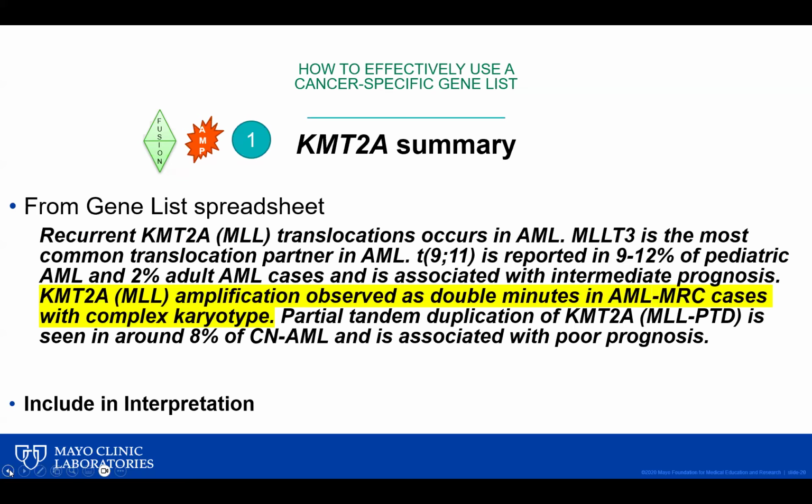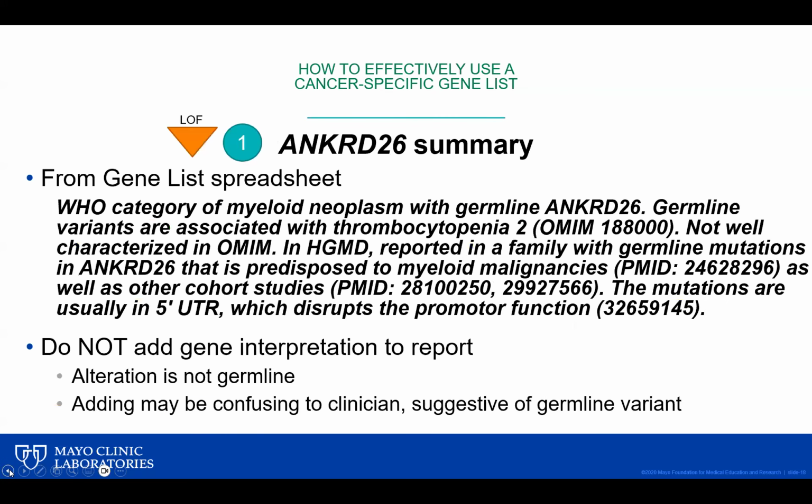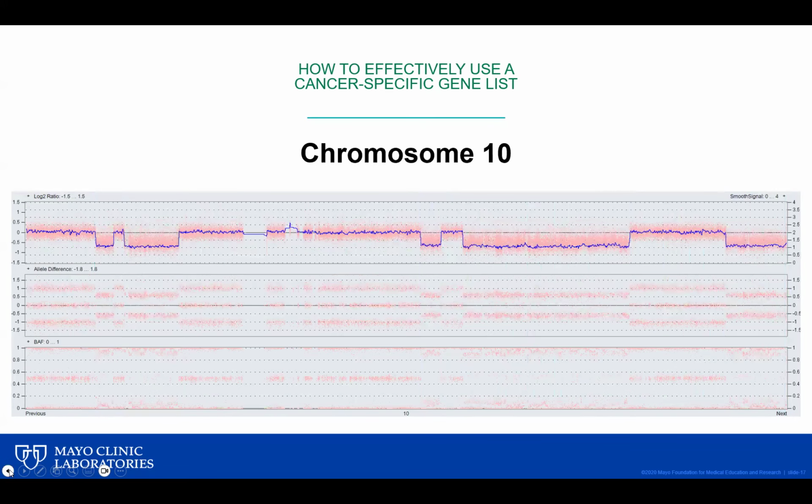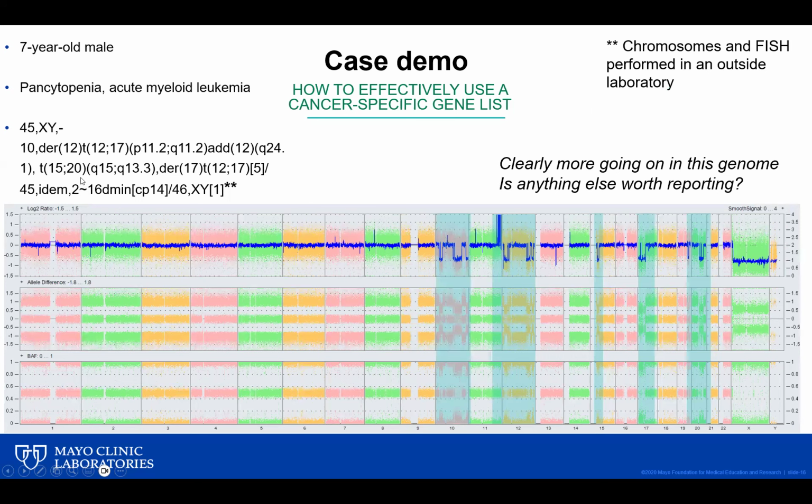And if we go back to our initial case, let me go back here. We did see double minutes in this case. So my guess is that if we were to do a FISH probe on this case for KMT2A, these double minutes would probably light up and be consistent with that amplification of KMT2A.